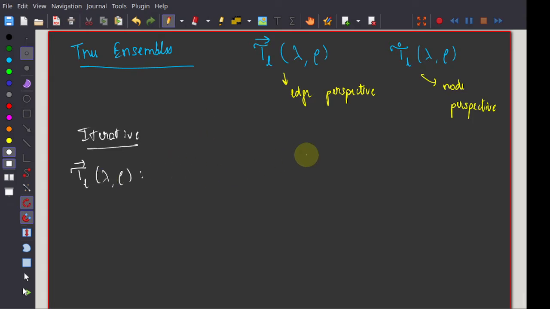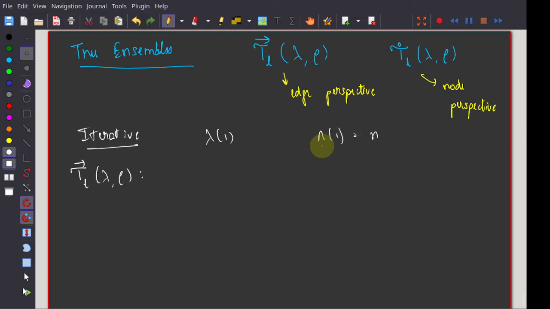Remember, you're summing up the fraction of edges incident on nodes of degree 2, plus the fraction incident on nodes of degree 3, and so on. You add them up, what would you get?